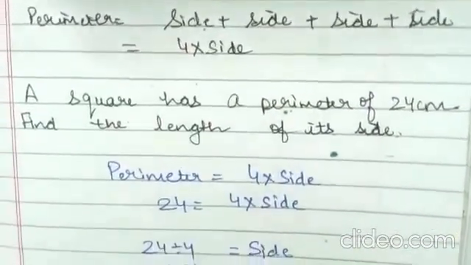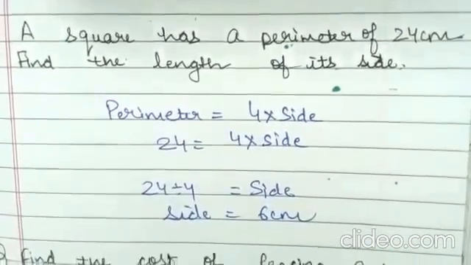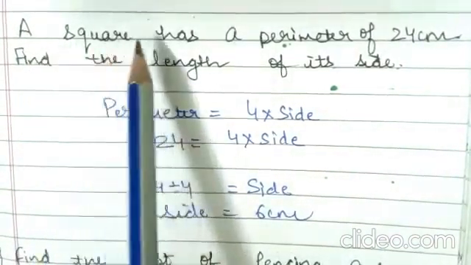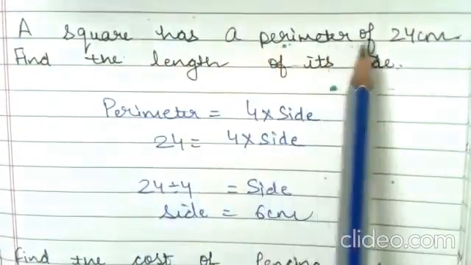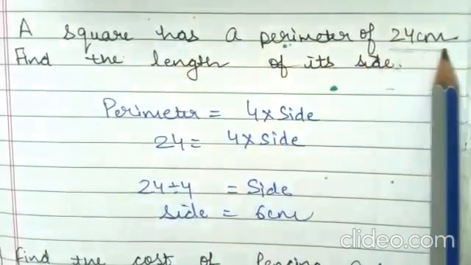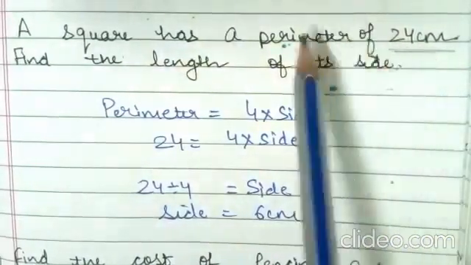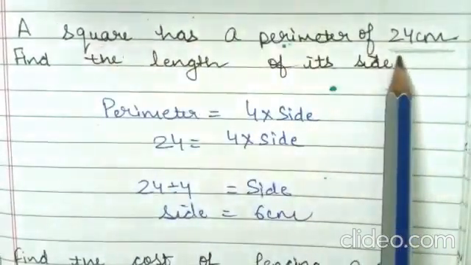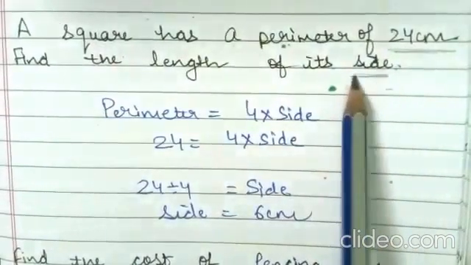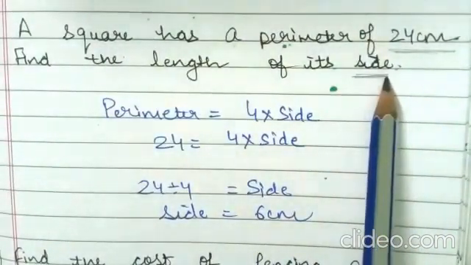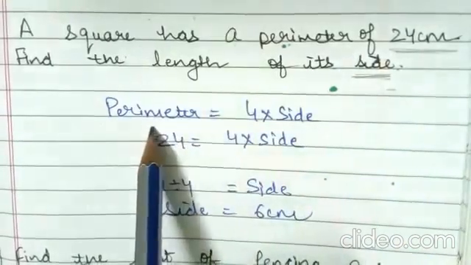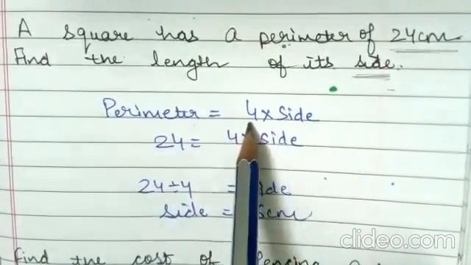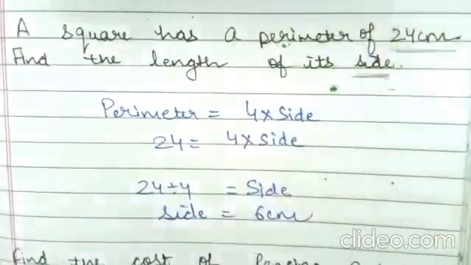Clear? Now let us move to the next question. That is, a square has a perimeter of 24 centimeter. Means now perimeter of square is given to you and side we have to find out. So now the perimeter formula for a square is equal to 4 multiply side.